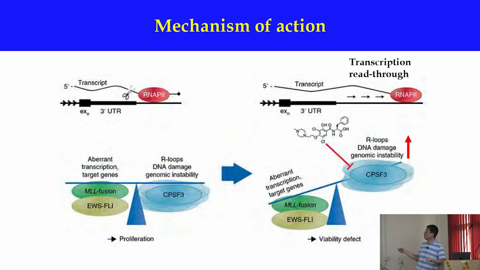You get transcription read-through, and that leads to all kinds of problems for the cell. That's how the cells die, because of the read-through problem. Essentially, once this cleavage happens, there's another machinery that comes in that chases down Pol II and evicts it from the DNA template. Without this cleavage, you can't do that anymore. So that's the basic idea.